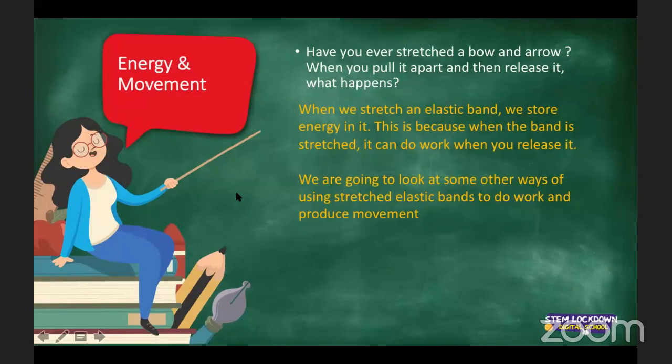Lutando says it springs. Thank you so much, Lutando. The arrow will spring. Neo says, I've stretched the bow and arrow. Okay, Neo, I want to know what happened after you stretched the bow and arrow. Another learner says the arrow will fly to a target.